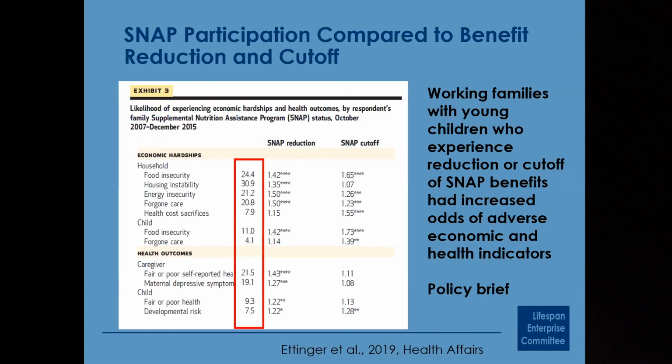Has that related to children's health or to caregivers' health or to economic hardships at a household level? And what you find is that in many of the areas that we looked at, the answer was yes. So for those who had a reduction in SNAP or a cutoff, there were adverse economic and health indicators.